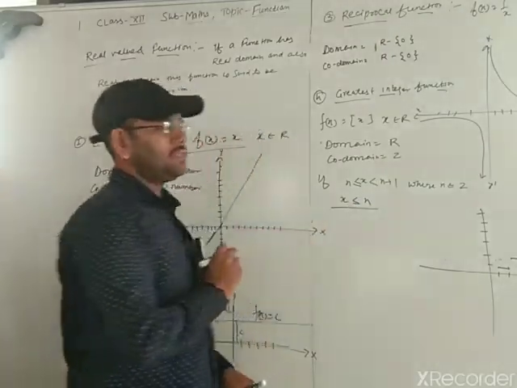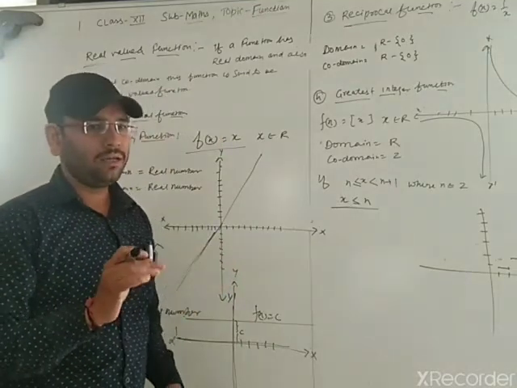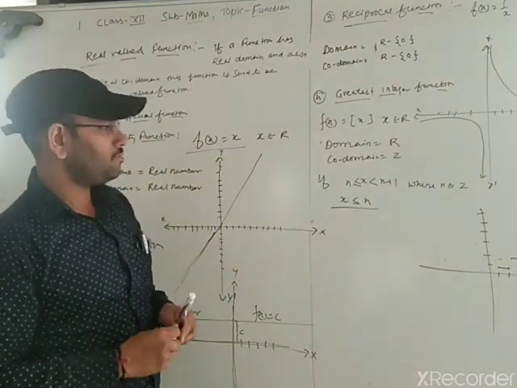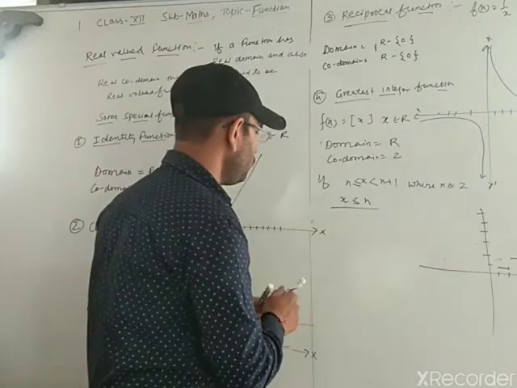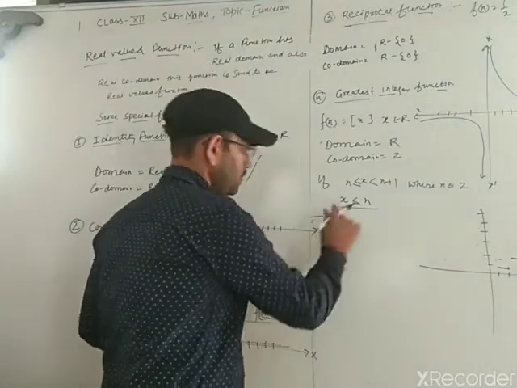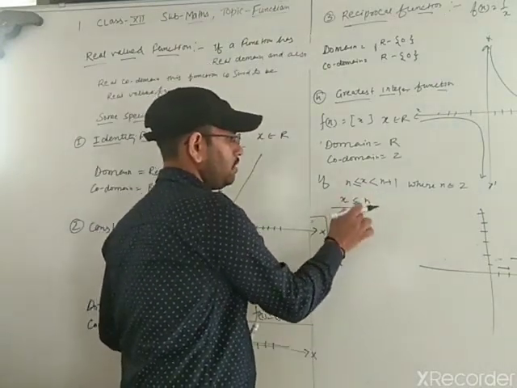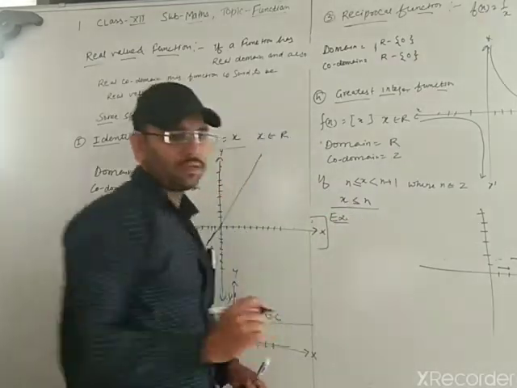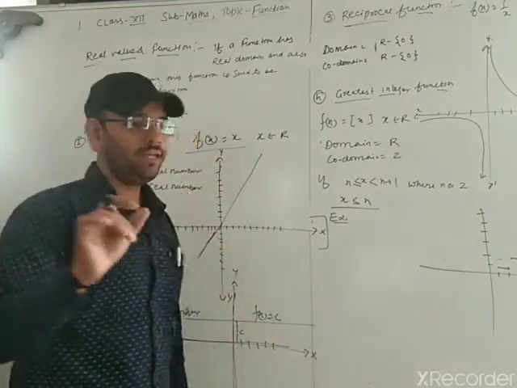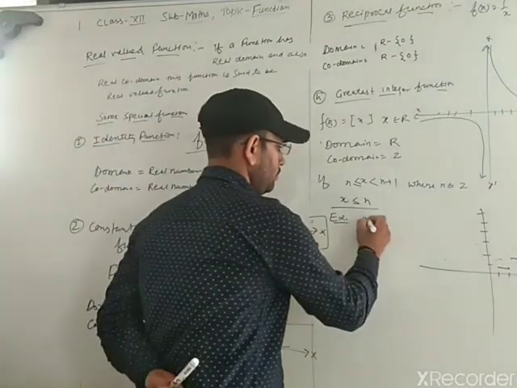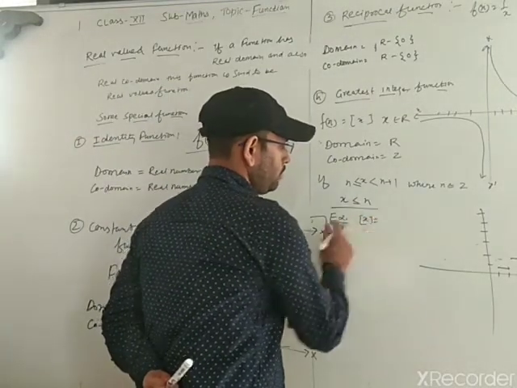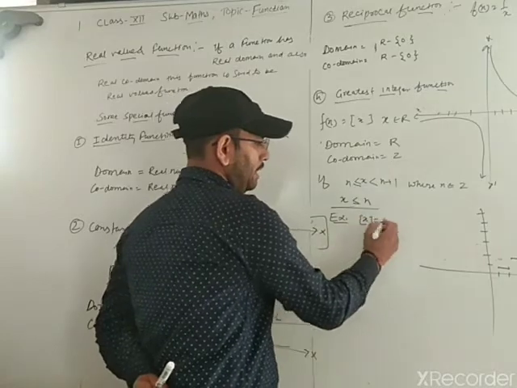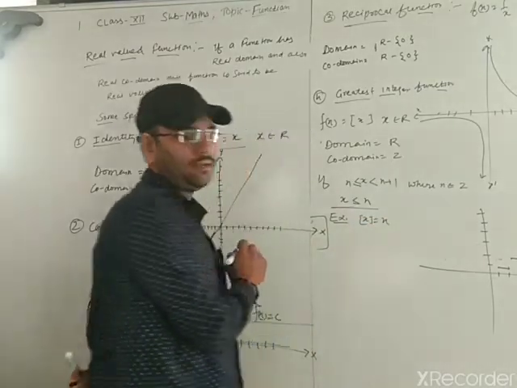We can explain this by an example. Clear? If you have any value of x inside this square bracket, you will get the answer n.